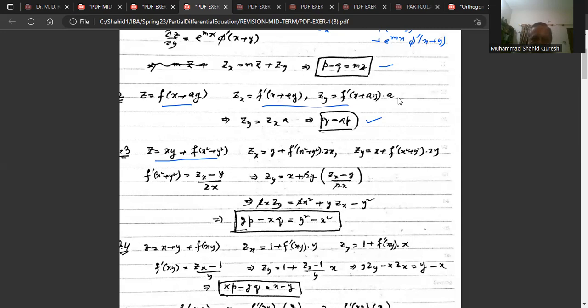We form the equation of partial derivative with respect to x and the equation of partial derivative with respect to y, इसमें से f prime जो है वो eliminate करते हैं, and algebraic manipulation के बाद जो equation आती है that involves only derivatives.